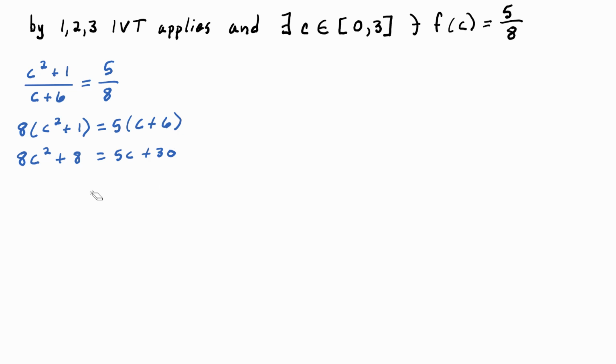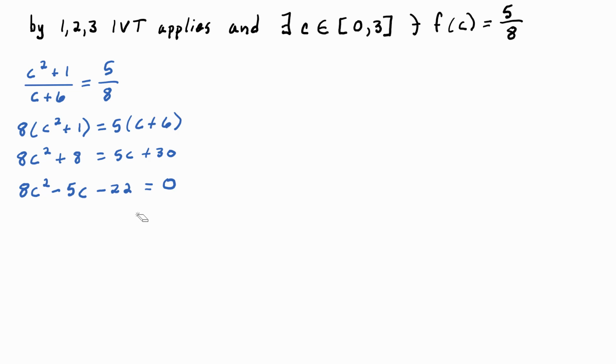Gathering all the terms on the left-hand side, we have 8C squared minus 5C minus 22, and then equals 0 over on the right-hand side.